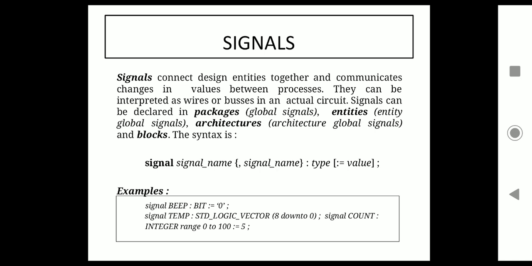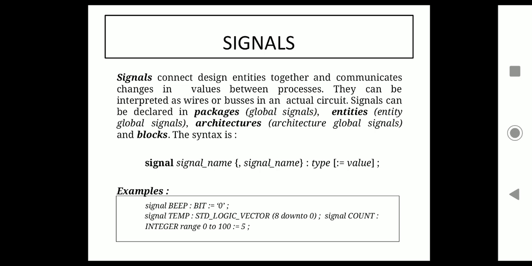The second one is signal temp, std logic vector 8 down to 0, that means it's a standard logic signal. Then the third one is signal count, of integer type, range 0 to 100 and its initial value is 5. So these are the different ways to declare a signal.